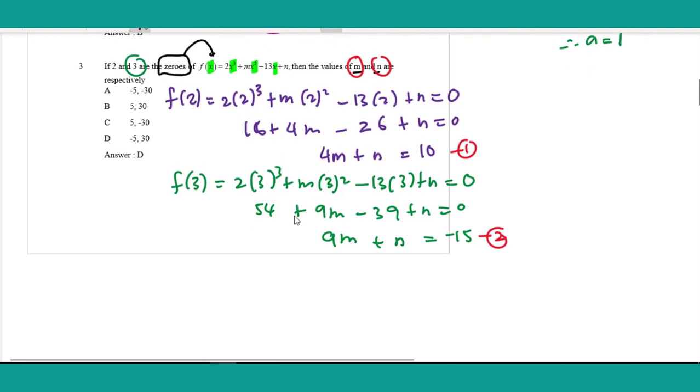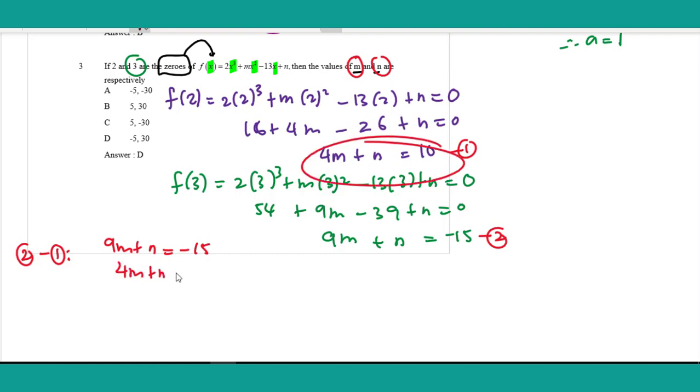So let's say equation 2 minus equation 1. 9m plus n equals negative 15. 4m plus n is equal to 10. So 9m minus 4m is 5m, n minus n is 0, and negative 15 minus 10 is negative 25.